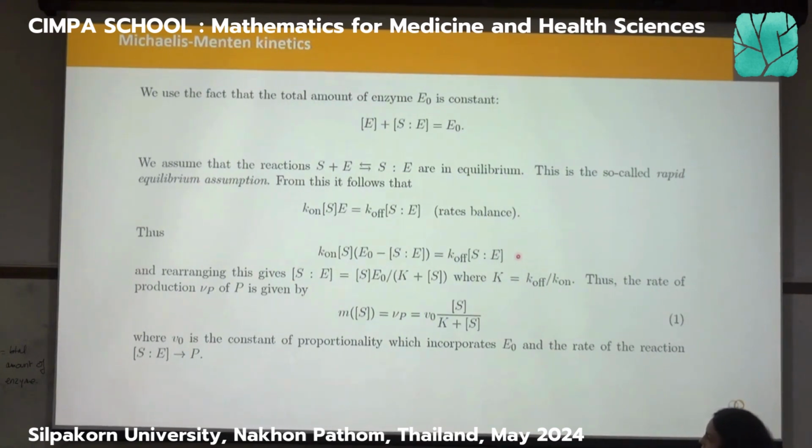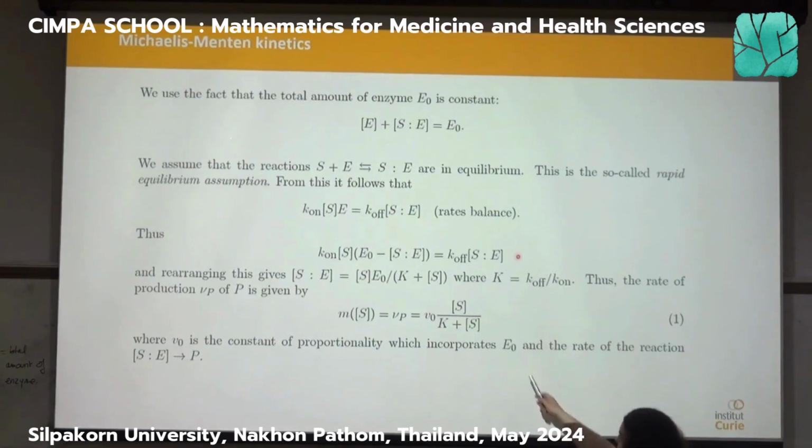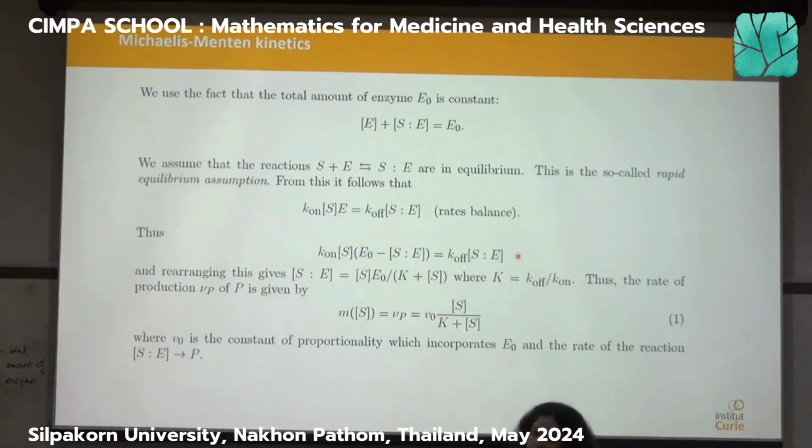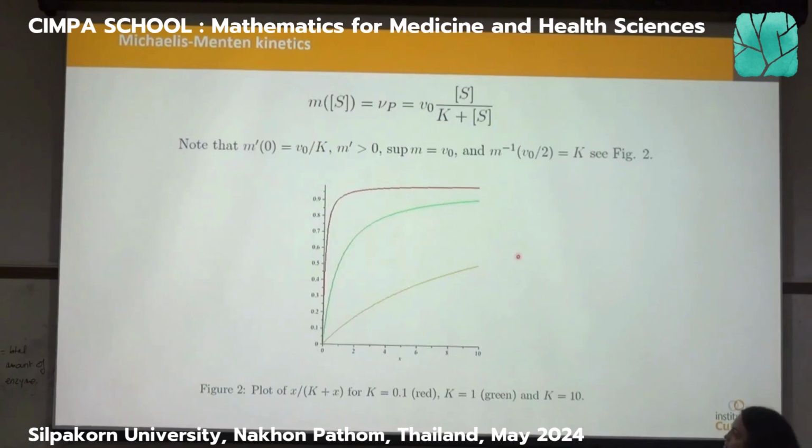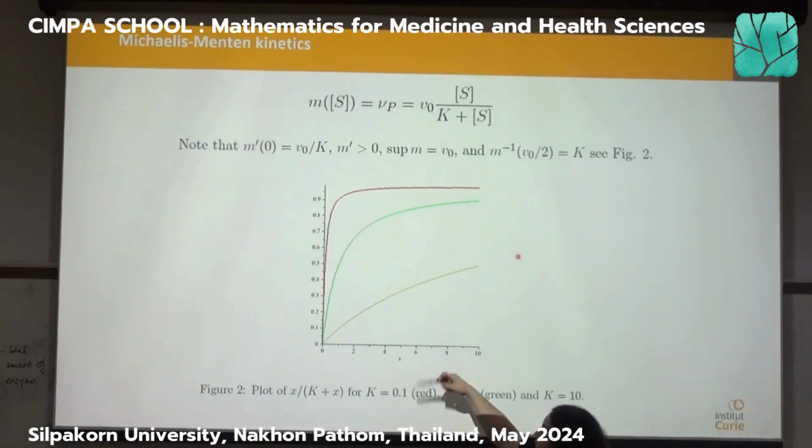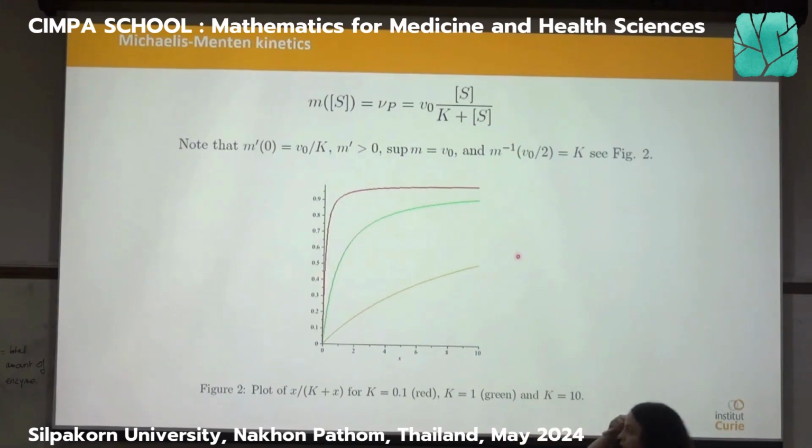K1 and V0, I'm going to say. And to show you how it goes, this rate looks like this. On the x-axis I have the substrate, and on the y-axis I have the rate.